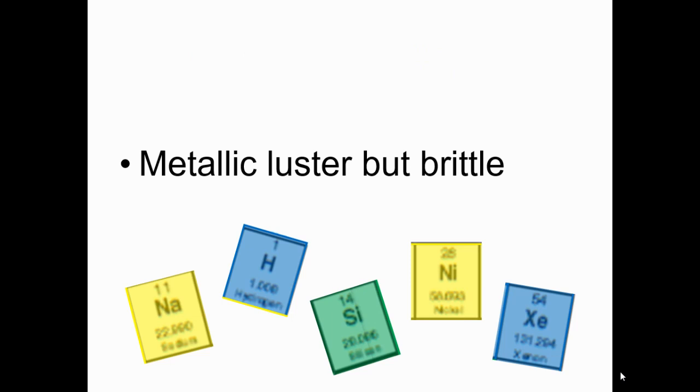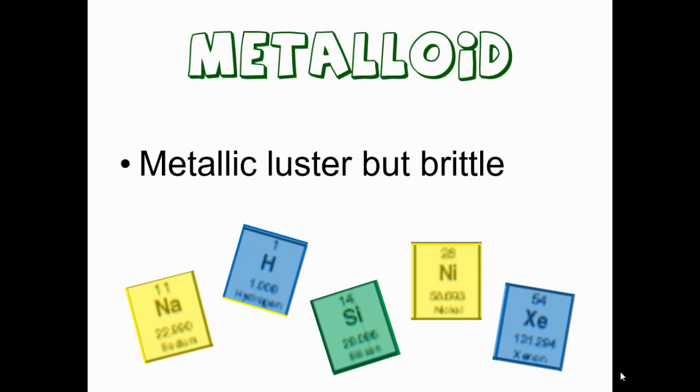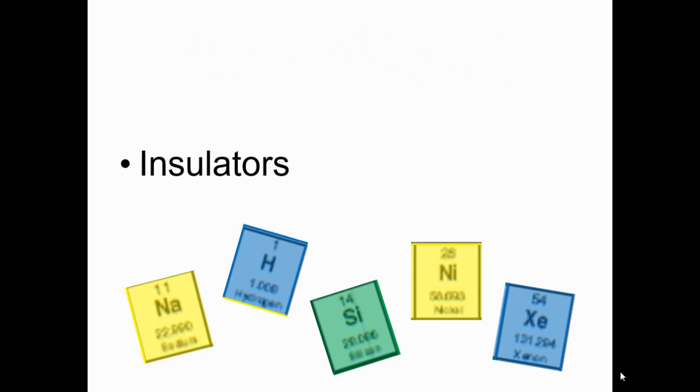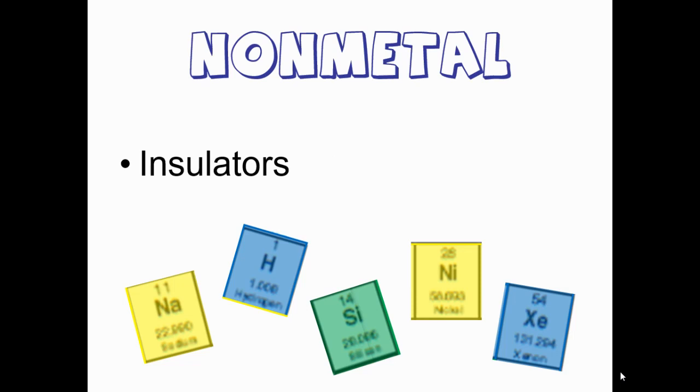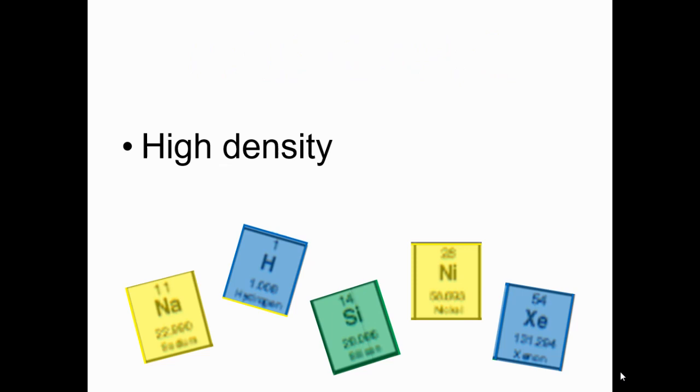An element that has a metallic luster but is brittle is a metalloid. Elements that are insulators are nonmetals. An element with a high density is a metal.